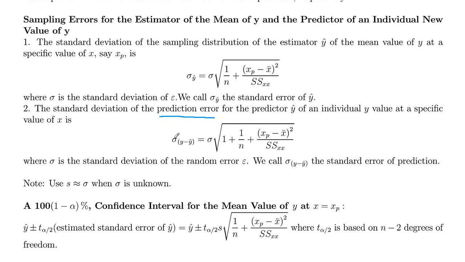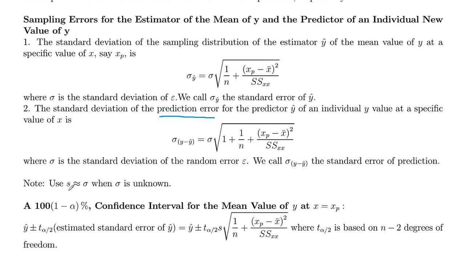So we denote that sigma y minus y hat. So that's the deviation, the prediction error, is again sigma, that's the standard deviation of the random error epsilon. And then the only difference inside the square root here is we've got a plus 1 out in front. So the standard error of prediction is always greater than the standard deviation of the sampling distribution.